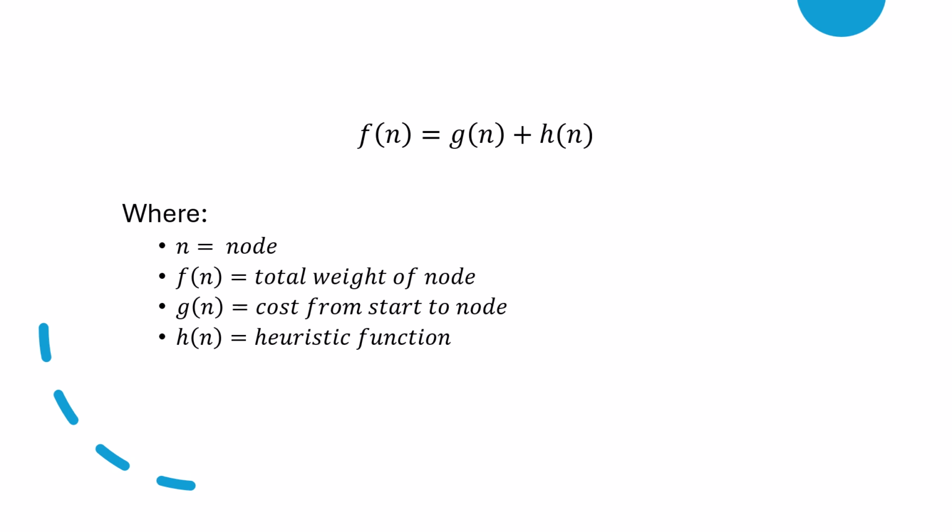But the A-star algorithm also takes into account h of n, which is a heuristic function. And this heuristic function will change depending on what you're trying to do. And you as the programmer have to decide how you write it. And this will make more sense on the next slide.